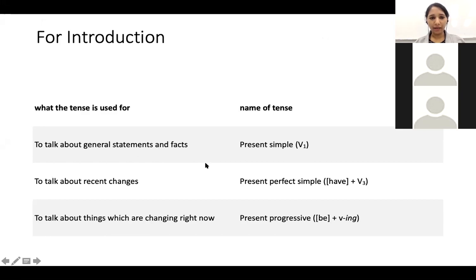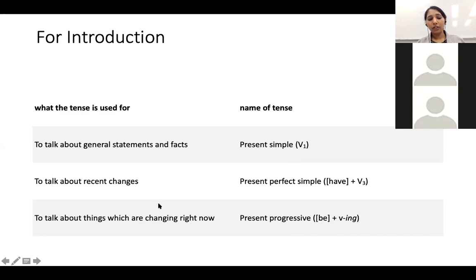I think you've made a note of this earlier today. When you're talking about general statements and facts, you use the simple present tense. For example, if you're talking about general statements like the economy of a country is very important. Whenever it's a general statement or you're giving a fact, you use the simple present tense.